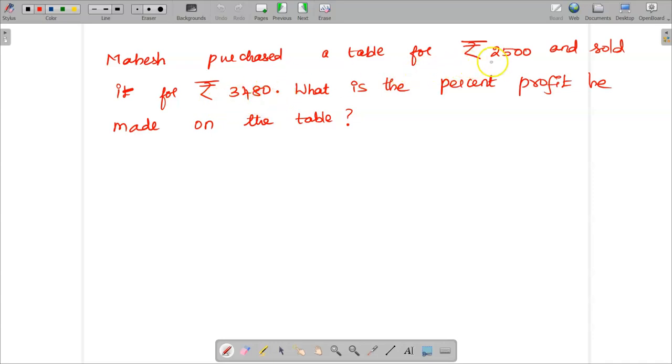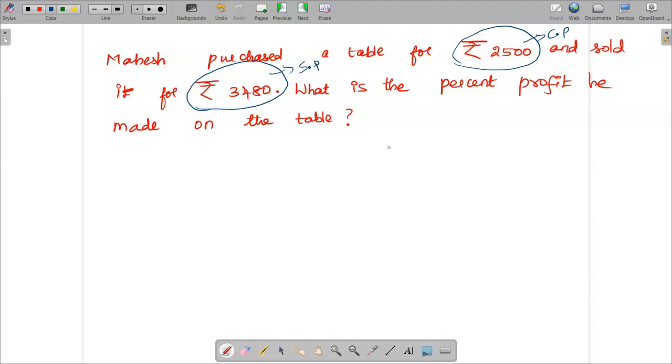Once we have purchased an item, that price is the cost price, and the price at which we sell that product is the selling price. What is the percentage profit he made on the table? This is what we are going to find out.